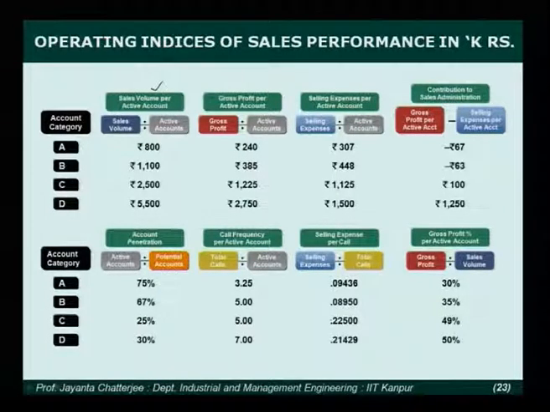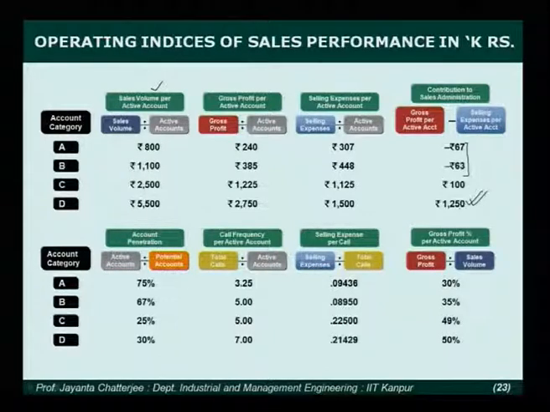This gives us gross profit per active account and selling expenses per active account. If we take the gross profit per active account and deduct selling expenses, we see that in the A and B categories we are actually making a loss, and obviously we are making a handsome gain in the D category.